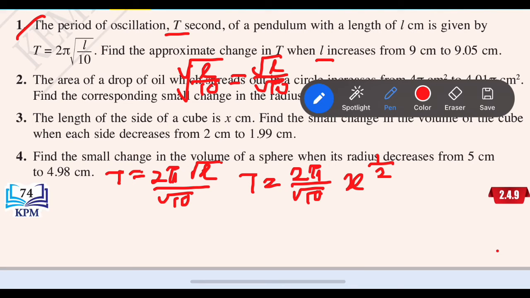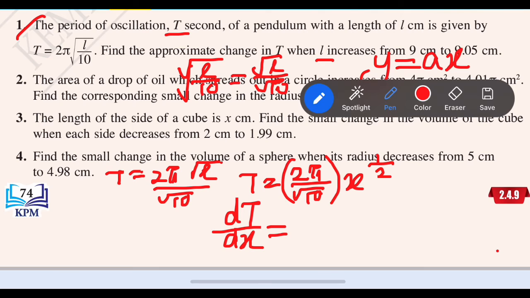So we have two variables, which are the period and L, and I use x. I have to tell you first, my x is representing L. So I'm going to do dt/dL, or I wrote it as dt/dx. You must have the pattern of the power rule form, y equals a x to the power n.